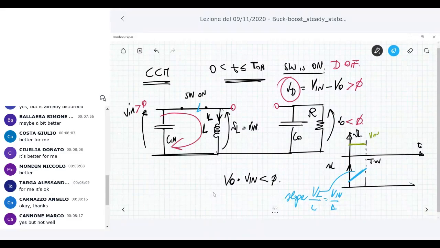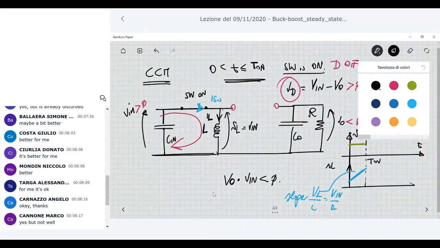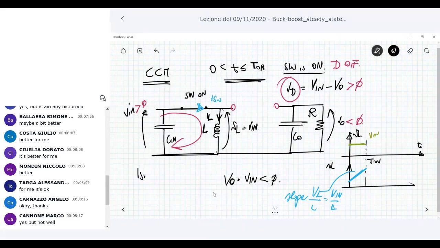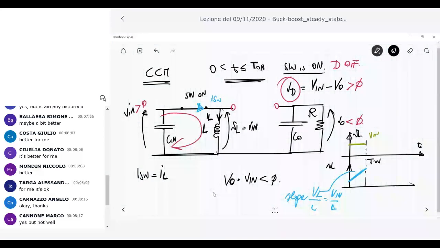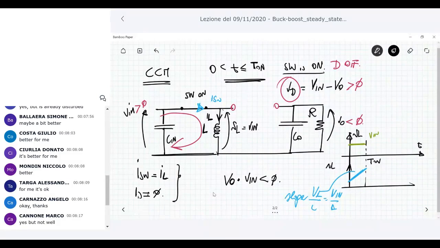It's easy to understand that in this T on phase, I switch is the same as IL. The current through the switch is the current through the inductance L. The current through the diode is 0 because the diode is off. This happens during the time interval T on.